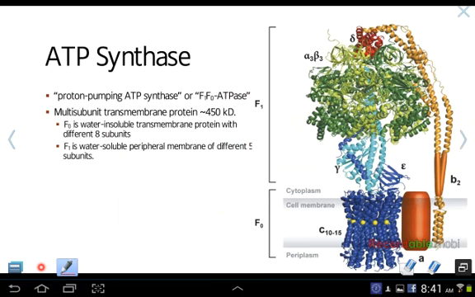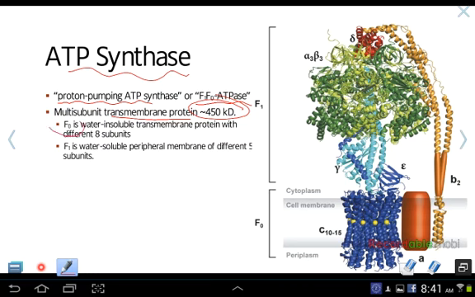All right. So the protein complex, or the enzyme complex that governs this process, is called ATP synthase. It's also known as proton pumping ATP synthase or F1, F0 ATPase. It's a multi-subunit transmembrane protein that's about 450 kilodaltons in size. So it's a fairly large protein complex.